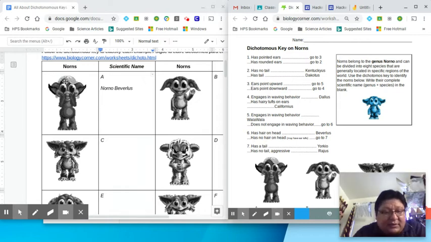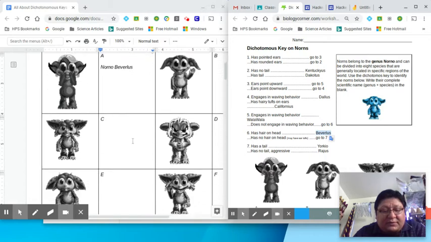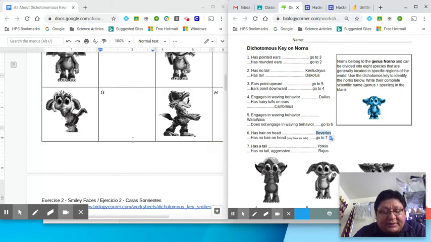I look at this, oh, there's some hair, blonde kind of. So yes, there's head. And the species is Viverlus. So guess what? Normal Viverlus. Okay? So you do that for all of these creatures right there.